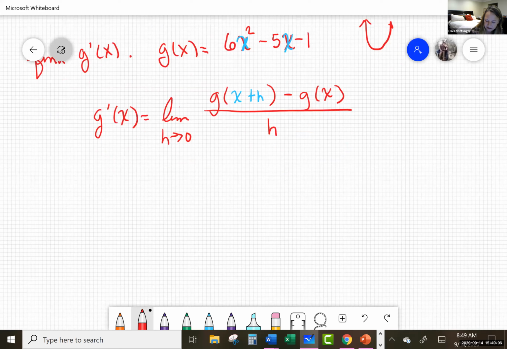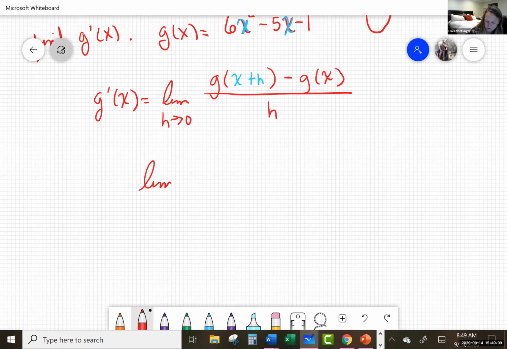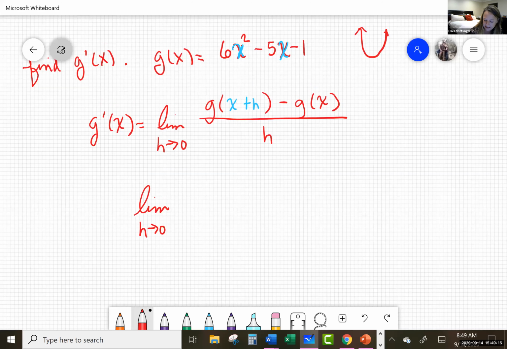Okay, so we have the limit as h approaches 0. So g of x plus h, I see a 6. I see an x there, so I'm just going to put parentheses, big enough to plug in x plus h, and put a square. Minus 5, I see an x there, so put parentheses, so we can plug in x plus h. Minus 1. And now we're subtracting off that whole g of x function.